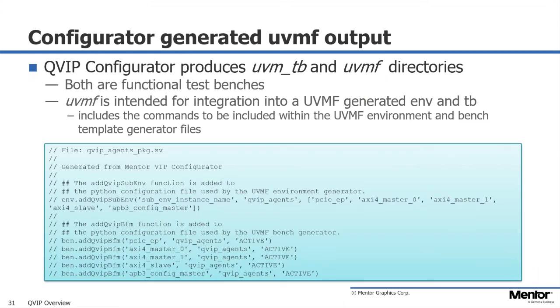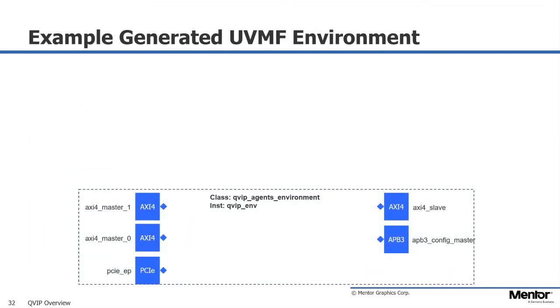And then when it outputs the code for that, it also outputs the string right here, which is basically the string that I'm going to include in my UVM environment to say, go ahead and all of the VIP that I've created, insert that as a sub-environment. So in this case, I went through the configurator, I created an environment that had a PCIe bus, a couple of AXI4, I guess 3 AXI4 buses, an APB bus.